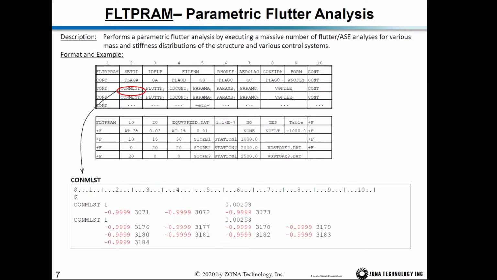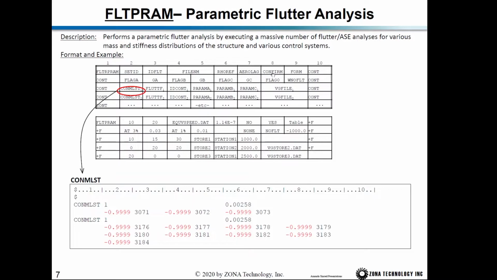In the flutter card, you can use the entry MLIST to delete modes, and you give a file name here to store the summarized flutter solution table, and this reference density is used to define the equivalent air speed, and this is the aero lag, yes or no. If it's yes, you consider the aerodynamic lag roots as a part of the flutter solution. The default is no.